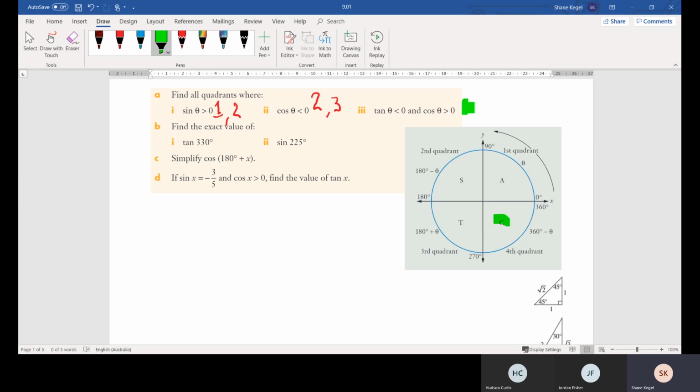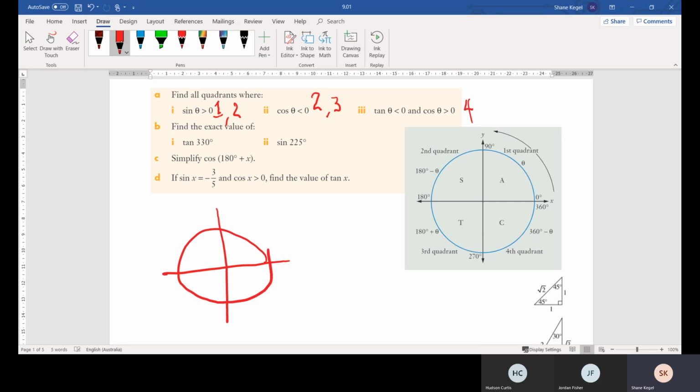So tan is negative and cos is positive in quadrant 4. Okay, finding the exact value of tan 330 degrees. So what I would do there is I would draw my unit circle. I would know that 330 happens in this quadrant.